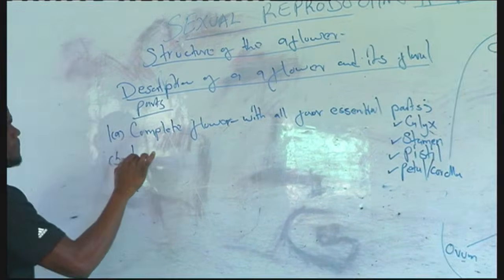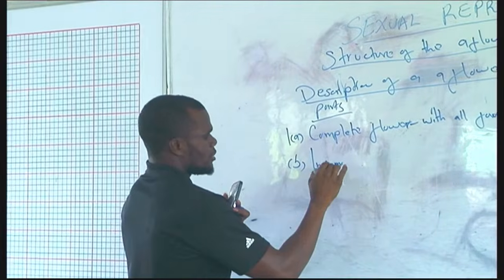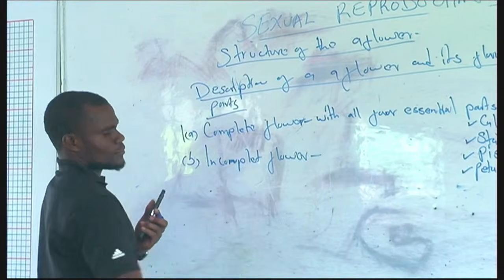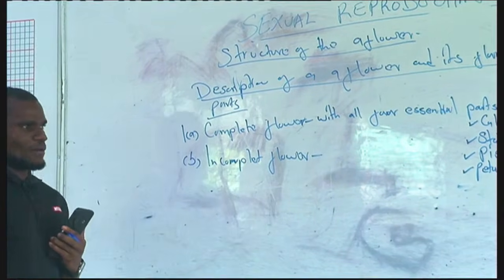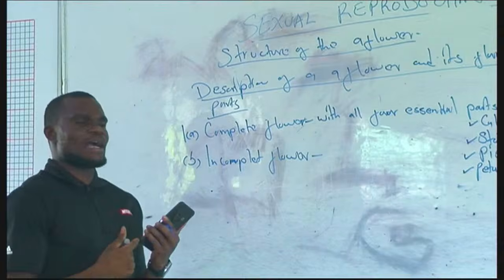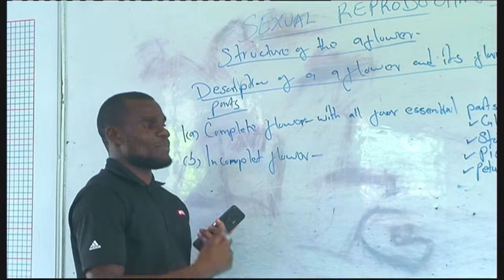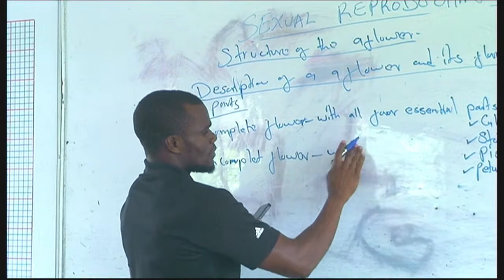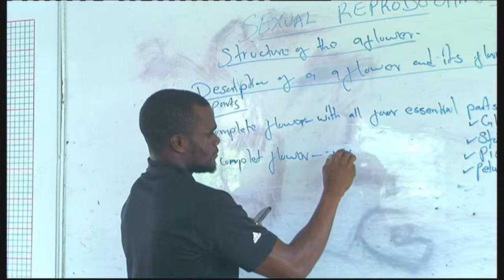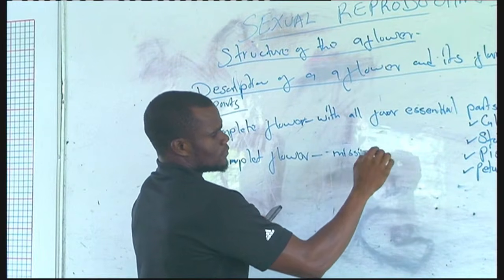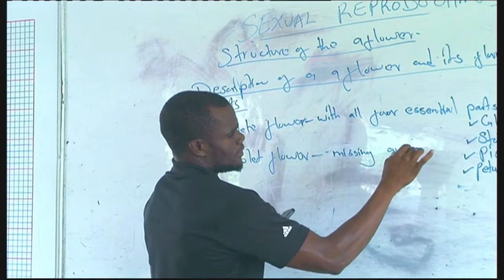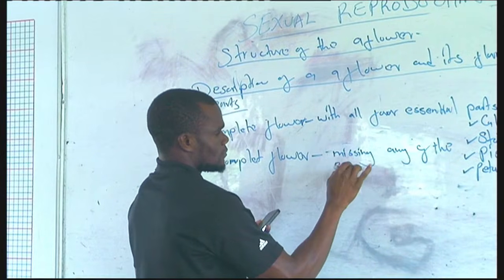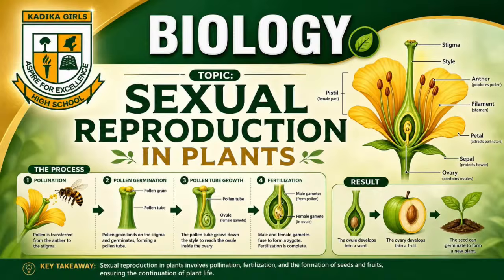Then we also have the incomplete flower. What is this incomplete flower? And when is a flower referred to as an incomplete flower? This is a flower missing any of the floral parts, of the essential parts.